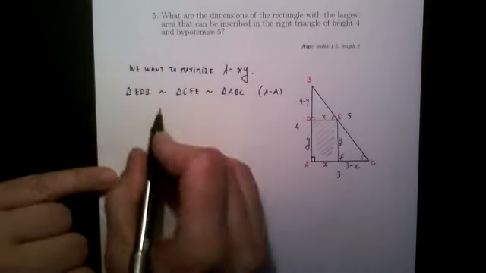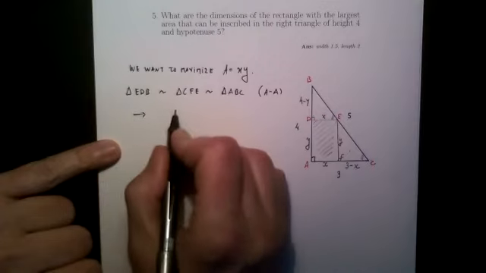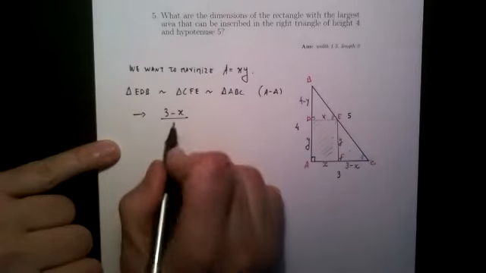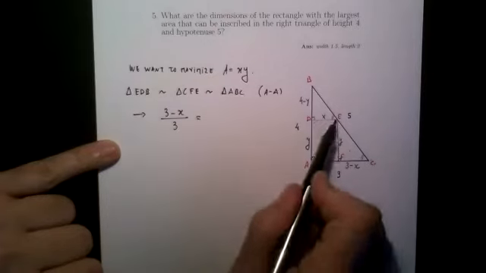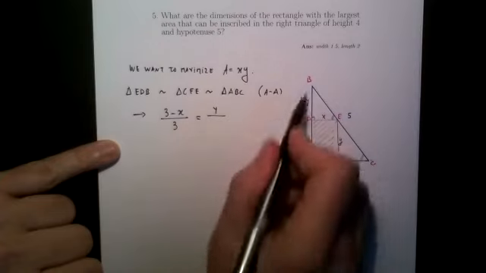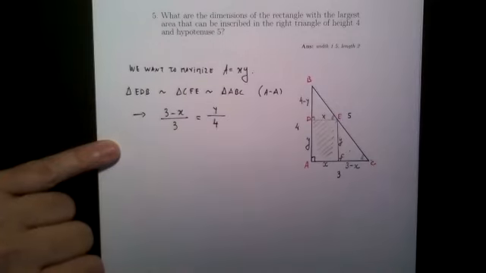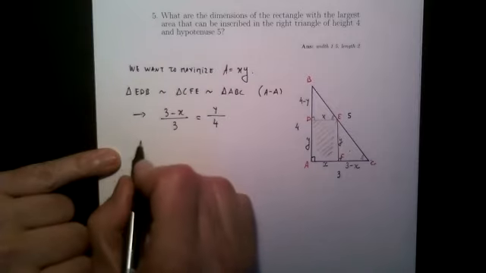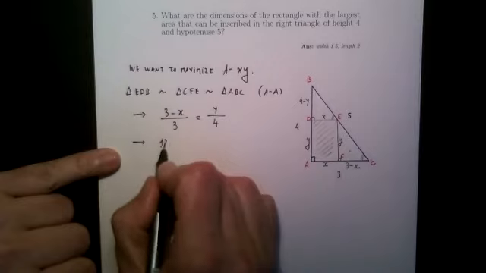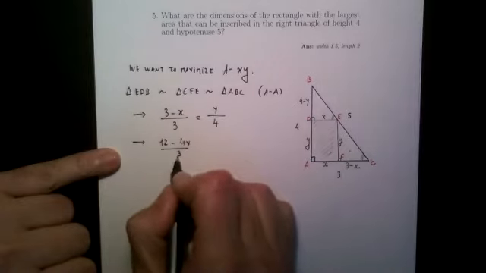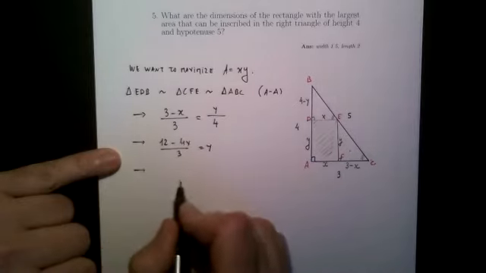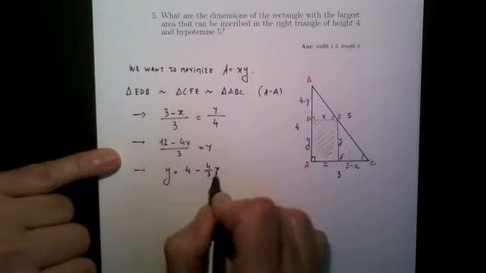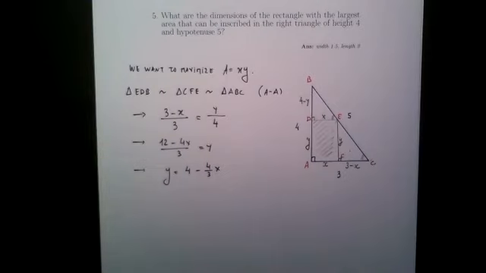Okay, so 3 minus x over 3 is the same thing as y over 4. Okay, if I send the 4 up here, so we'll have 12 minus 4x over 3 equals y, and therefore y will be 4 minus 4/3 x. Questions?